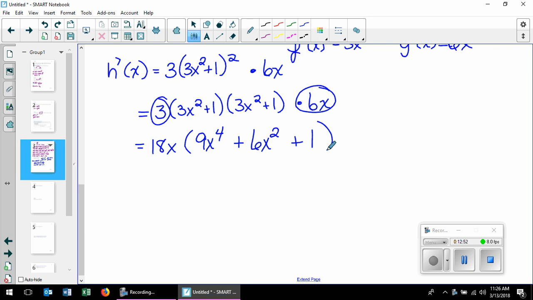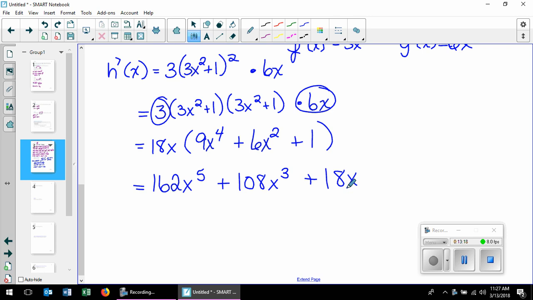So 18 times 9 is 162 x to the exponent 5. 18 times 6 is your 108 x to the exponent 3. And this is going to be plus 18x.